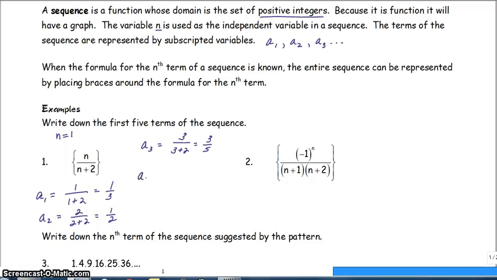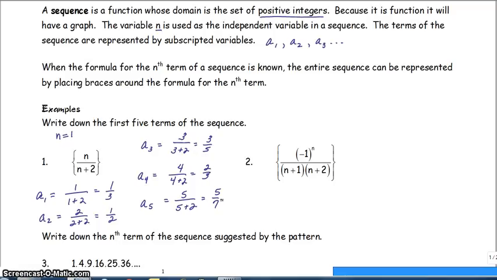A sub 4, 4 over 4 plus 2, so 4/6, or 2/3. And then a sub 5 would be 5 over 5 plus 2, or 5/7. So the first 5 terms of this sequence would be 1/3, 1/2, 3/5, 2/3, and 5/7.